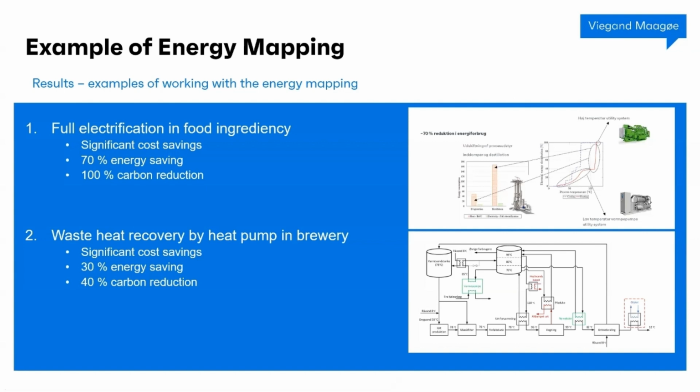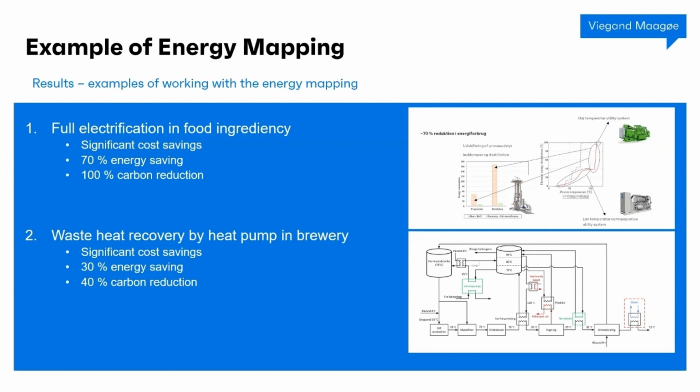And the end goal was that we could achieve a carbon neutral production, and at the same time save 70% of the energy consumption by applying different heat recovery methodologies, both directly and indirectly at the production facilities. Again, another example of where we used the energy mapping was in a brewery, where we mapped the energy consumption, and based on that, it suddenly became very visible where we could find potential.